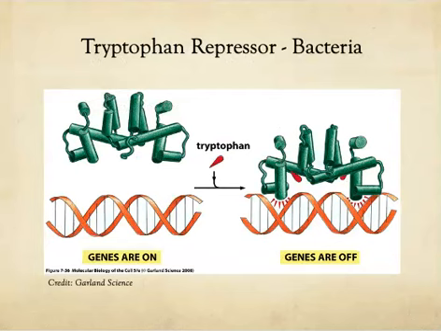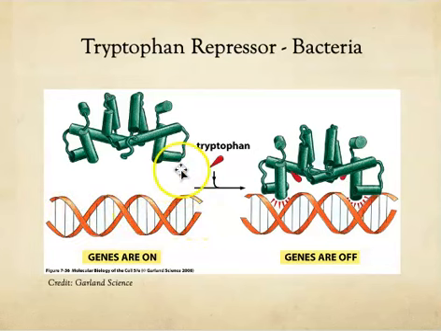There's another really good example of how repressors work that comes from bacteria. This repressor system is referred to as the tryptophan repressor. And again, it's a really nice example of how transcription is regulated. In the diagram on this slide, the double helix of DNA is represented by this red molecule.